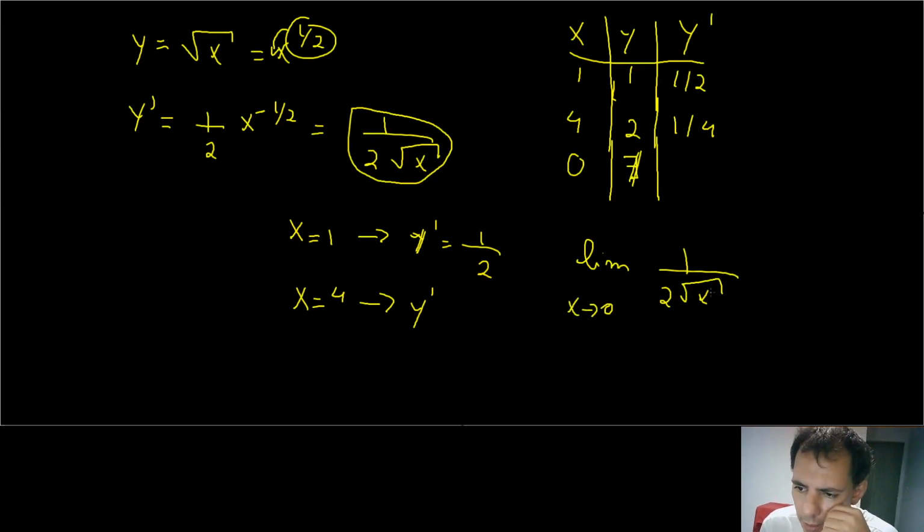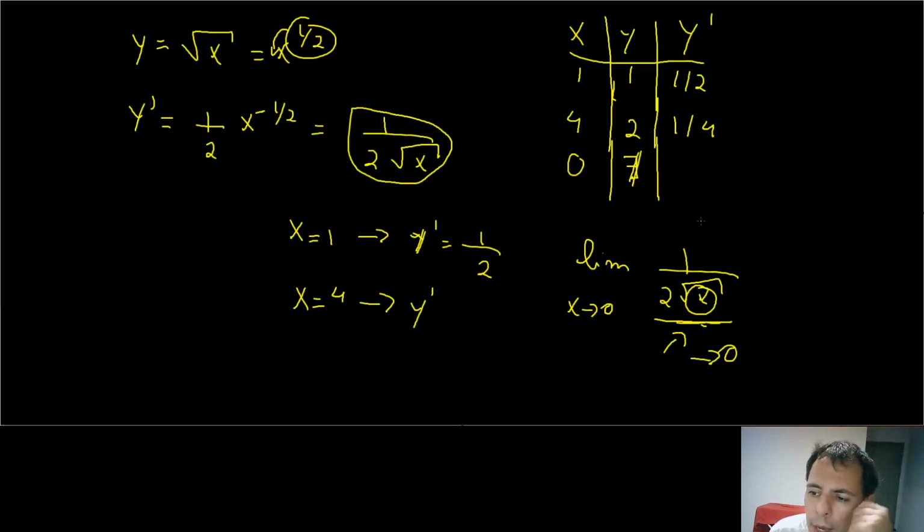When x approaches 0, the square root of something very close to 0 is also very close to 0. Multiplied by 2, the whole thing approaches 0.